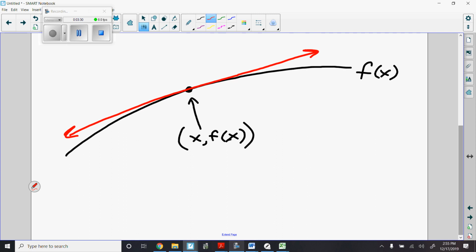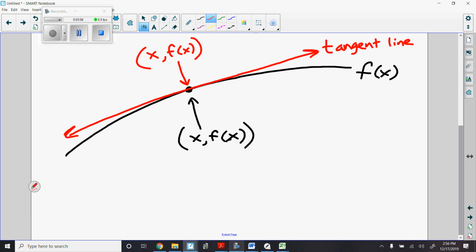So in red here is a tangent line. The tangent line also has the point x comma f of x. If you can see, the red line and the black line are almost on top of each other, right?